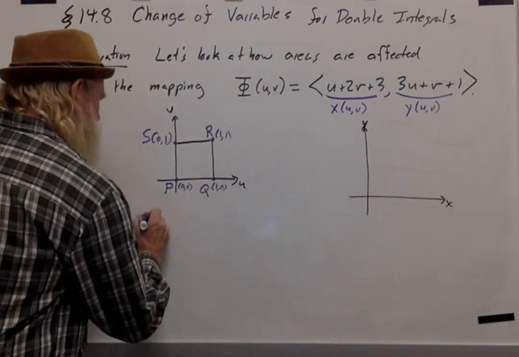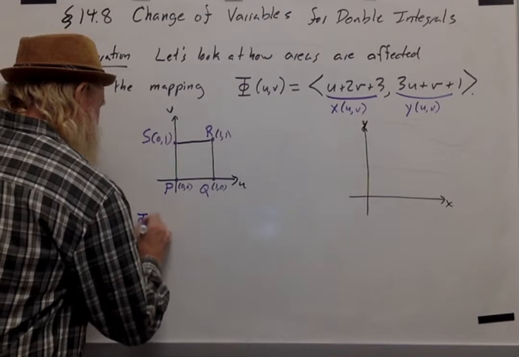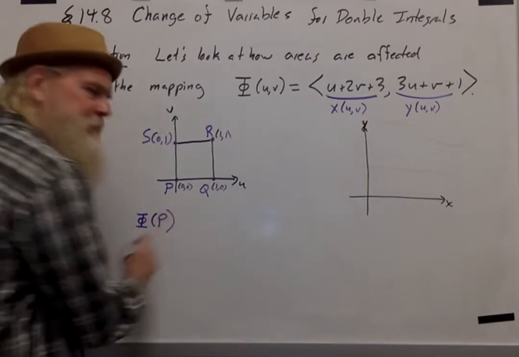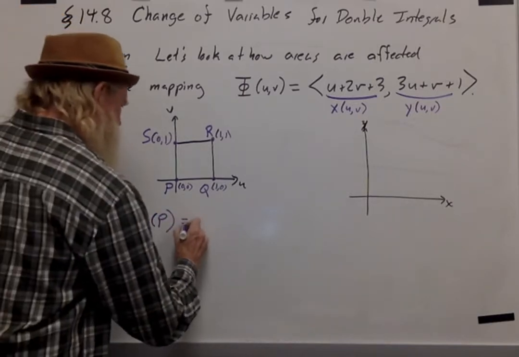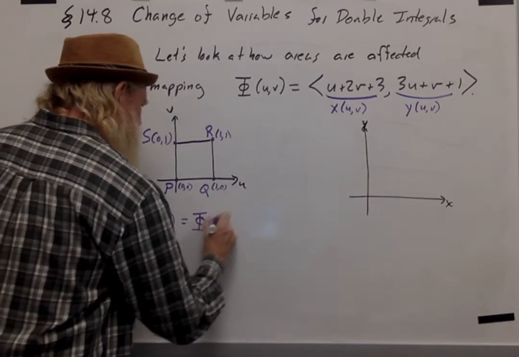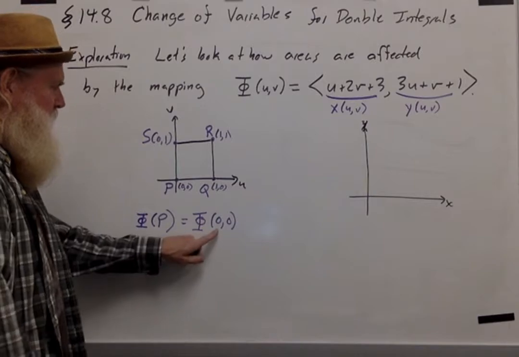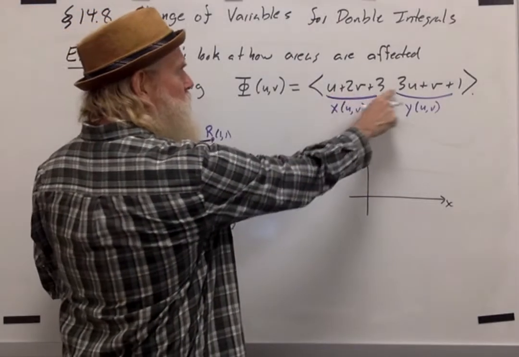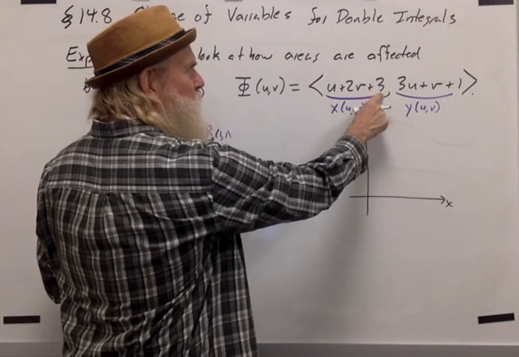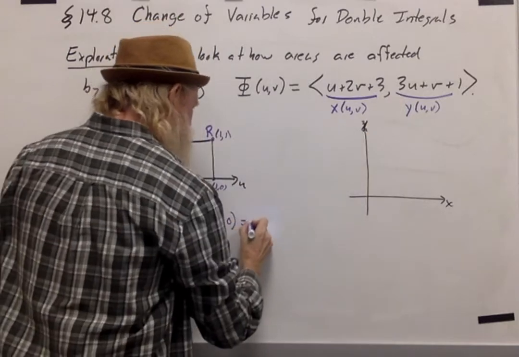So first let's look at what phi of point P is. That'll be phi of 0, 0. If I plug in 0 for u and 0 for v, I'm going to get 3, 1.